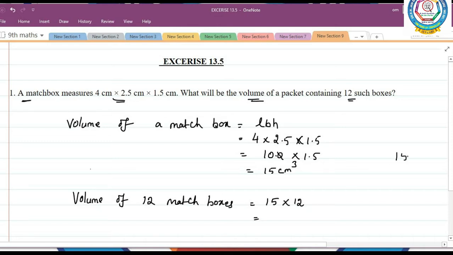So 15 into 12. Therefore the volume of 12 matchboxes is 180 centimeter cube.